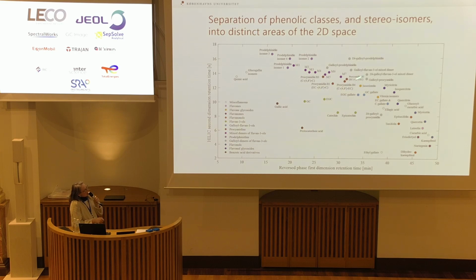And we have a super nice, of course, hydrophobicity separation in the first dimension, but extremely efficient diastereomeric separation. And then in the second dimension, you can see addition of an extra hydroxyl group. You can see polymerization. So here we have the monomers, some of the dimers up here. And you can even see if the hydroxyl groups are sitting on the aglycone or on the sugar moiety.